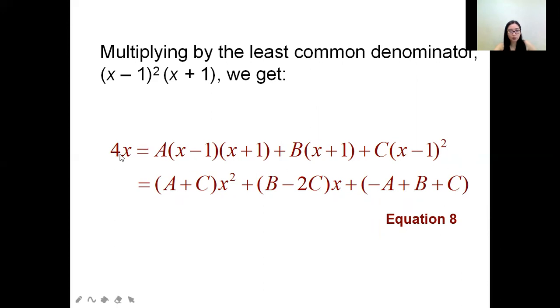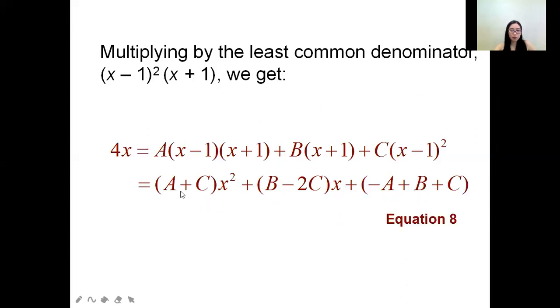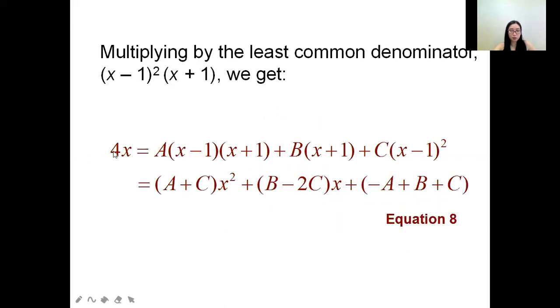So, we are left with 4x is equal to (b minus 2c)x. So, a plus c, a plus c is 0, because we have no x squared on the left side.